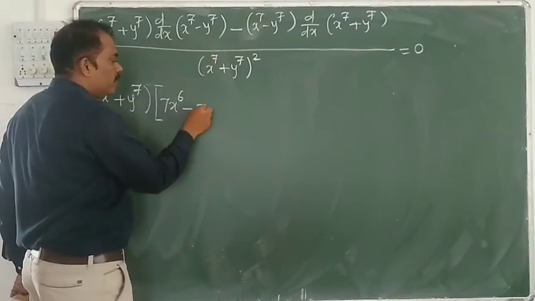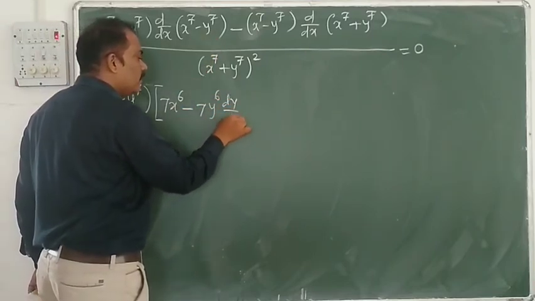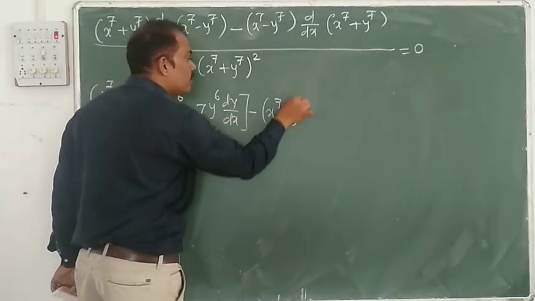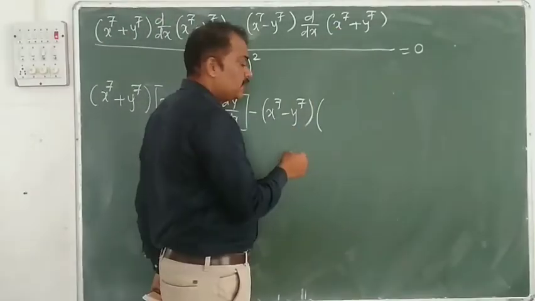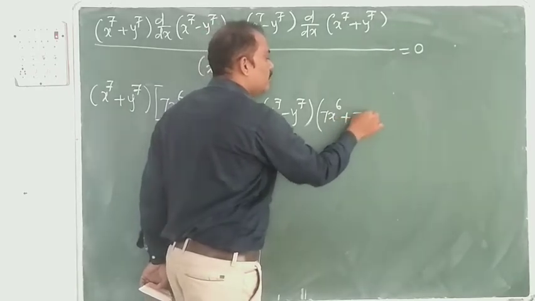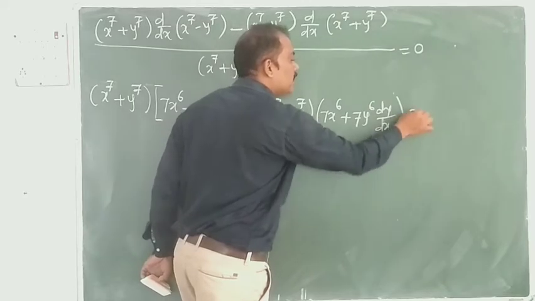The derivative of y^7 becomes 7 times y^6 into dy/dx, minus (x^7 - y^7) into, what is the derivative of x^7? 7 times x^6 plus 7 times y^6 into dy/dx, is equal to 0.